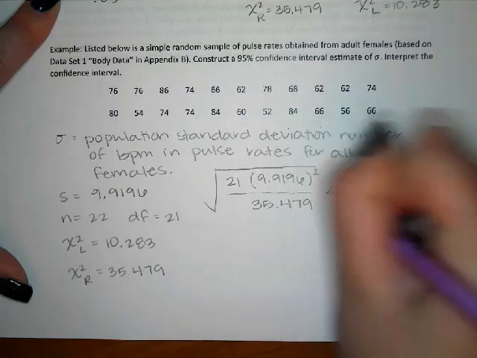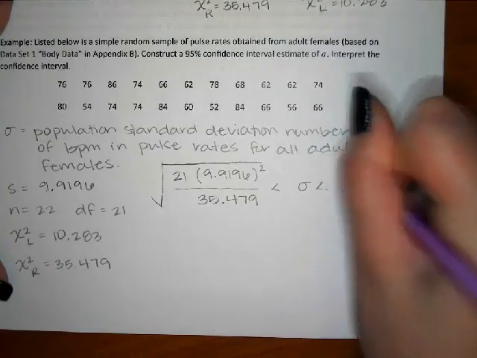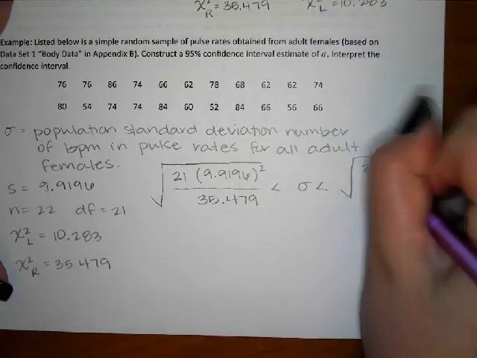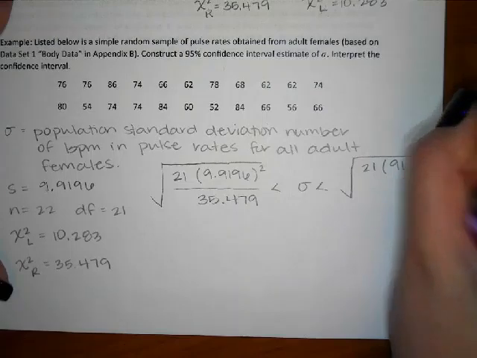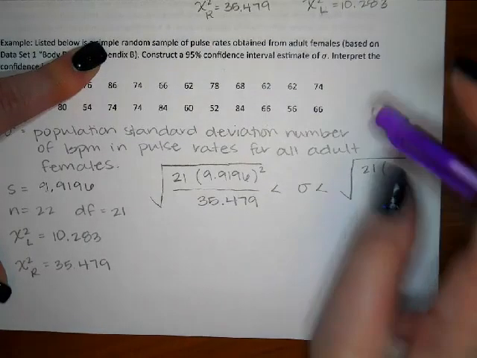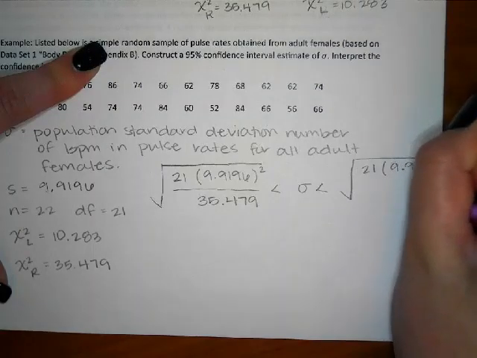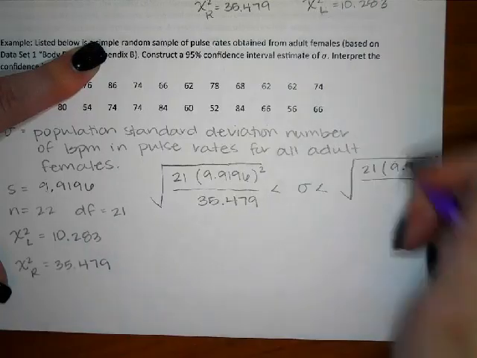So this is going to be the lower bound. And then the upper bound is going to be the degree of freedom times the standard deviation squared, divided by the smaller number.